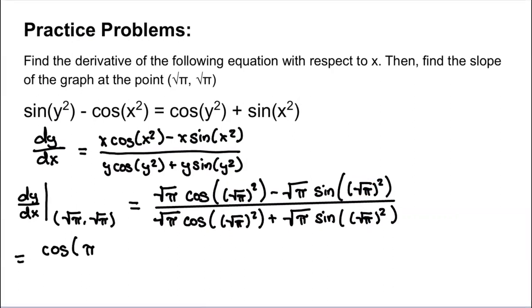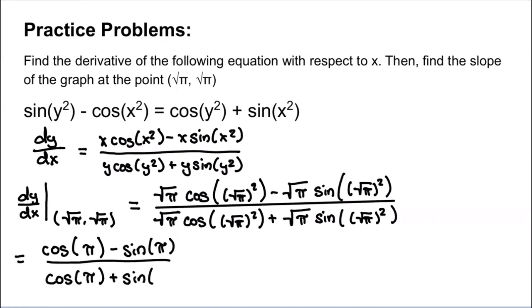So we're going to have cosine of pi minus sine pi all over cosine of pi plus sine of pi. So if you do not remember, it is okay. Cosine of pi is going to be equal to -1. Sine of pi is 0.